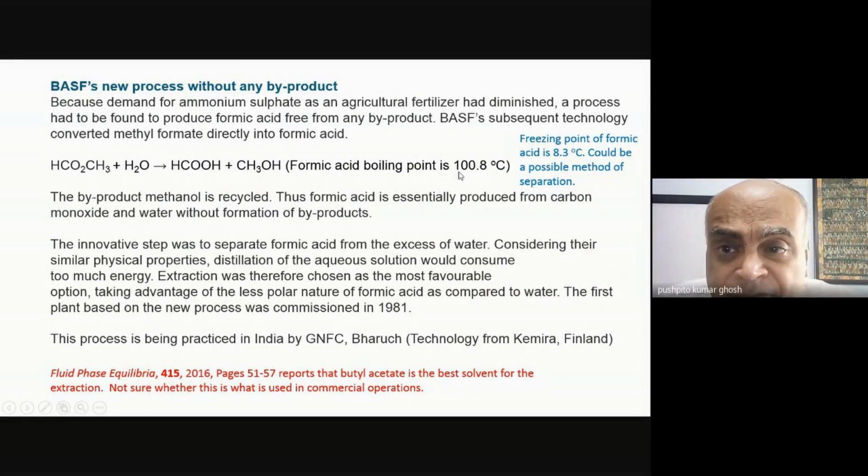In fact, it's interesting, I was looking the other day at the freezing point of formic acid. In fact, when I was preparing your lecture, I found the freezing point is 8.3 degrees centigrade. I was just wondering whether maybe if they tried to freeze it, you might be able to actually take out the formic acid as a solid.